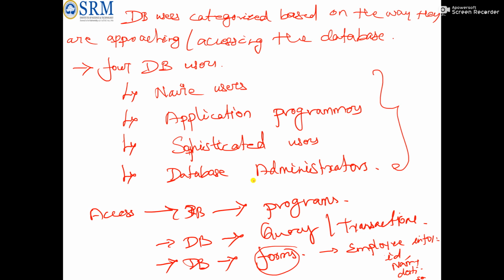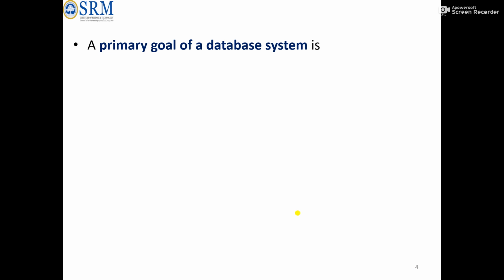And there are many programming interfaces to access the database. So some users, another type of users, use these programming languages to access the particular database. So what is the primary goal of the database?